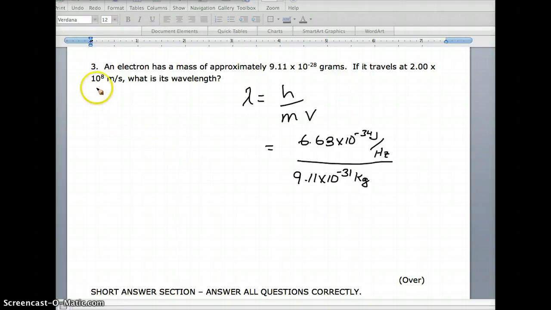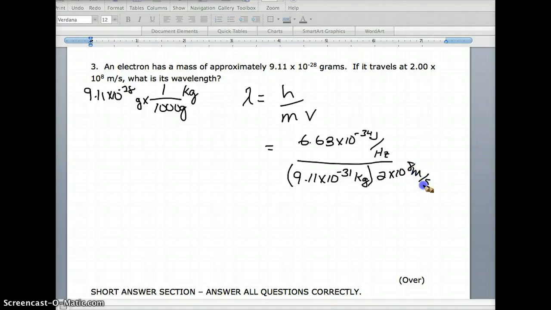You should know how to do that conversion, but just in case, 9.11 times 10 to the negative 28th grams, grams on the bottom, kilograms on the top, 1 kilogram is 1,000 grams. If you divide that, you get negative 31st. And then the velocity, 2 times 10 to the 8th meters per second.